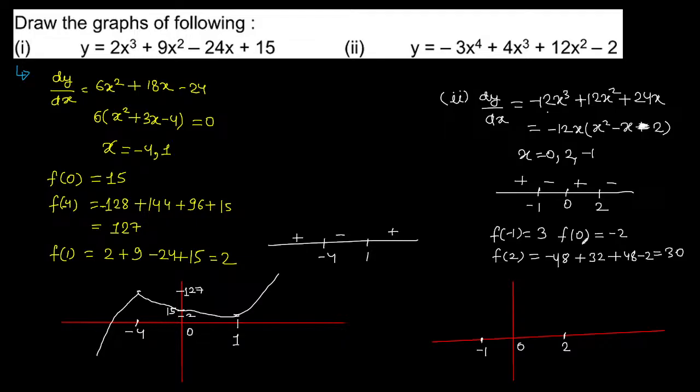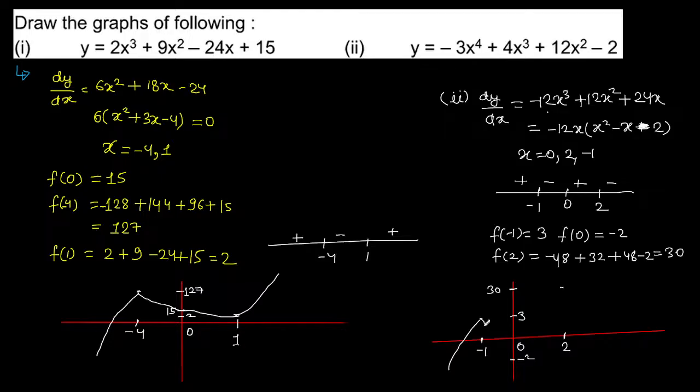So at minus 1 it is 3. At 0 it is minus 2. At 2 it is 30. At minus infinity, this is the bigger term, so minus infinity is infinity. Infinity into minus, so it's minus. So it is increasing.